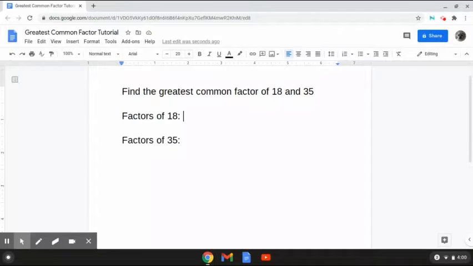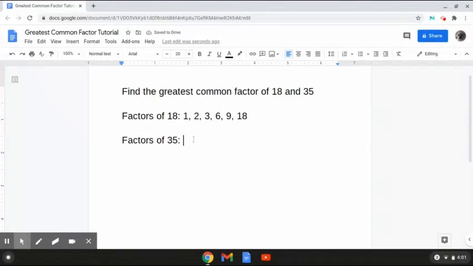Okay, so this next problem reads, find the greatest common factor of 18 and 35. So the way that we're going to solve this problem is like we've been doing in the last few problems. First, we're going to list out the factors of each number. The factors of 18 are 1, 2, 3, 6, 9, and 18.